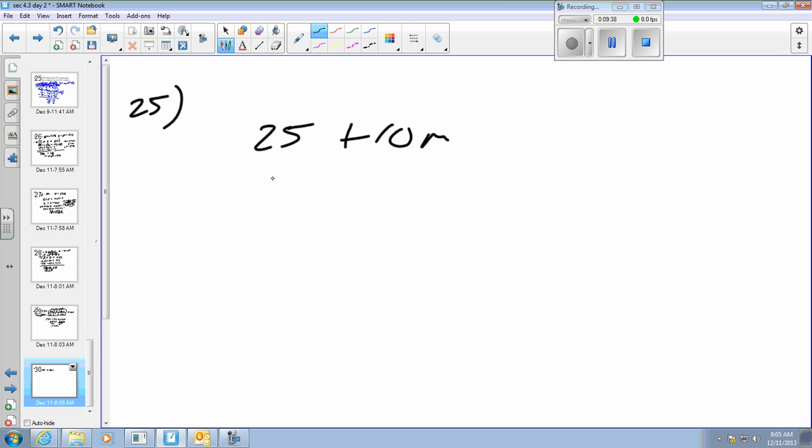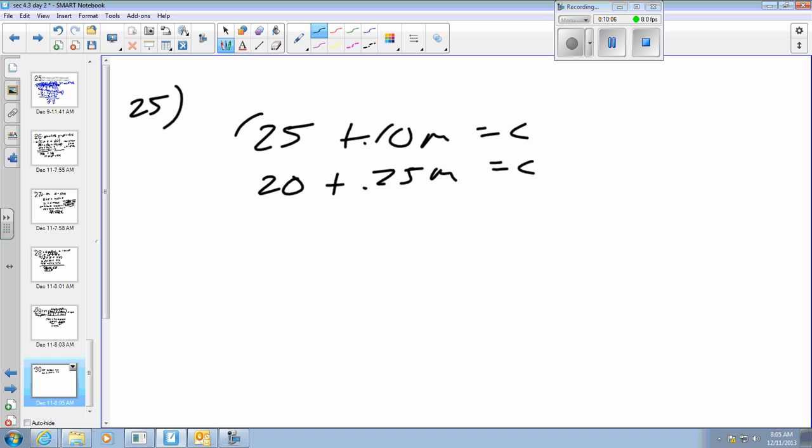Budget charges $20 a day plus 25 cents per mile. That's the cost. Find the daily mileage for which Budget's charge for the day is twice that of Hertz. So Budget is twice Hertz.